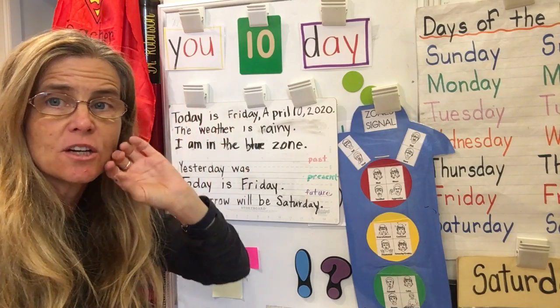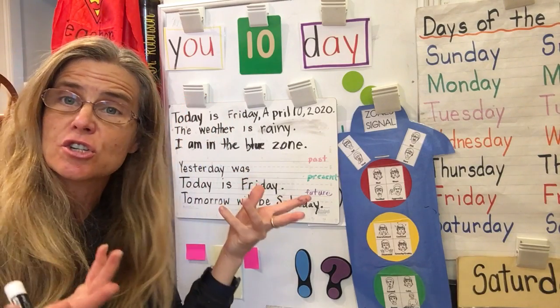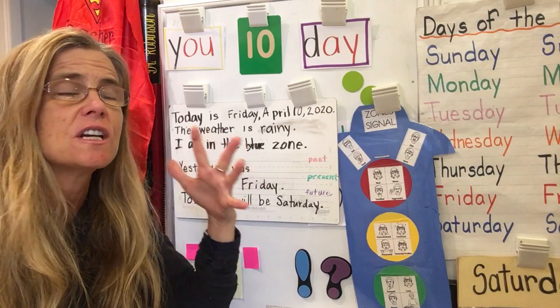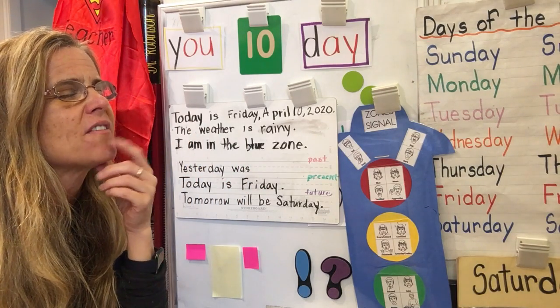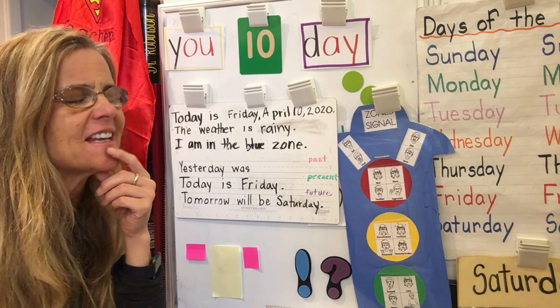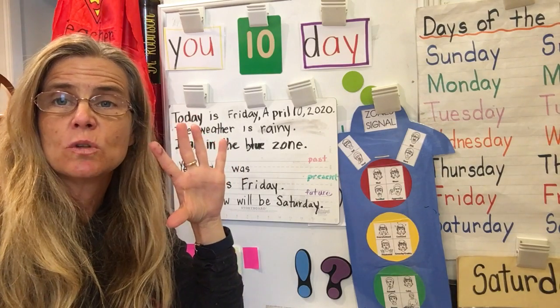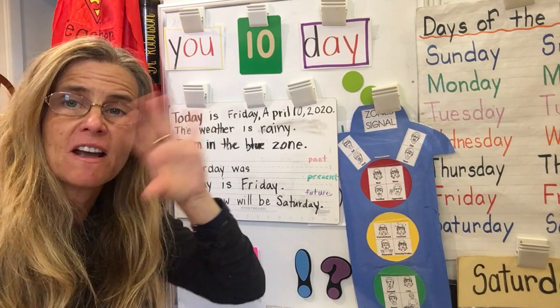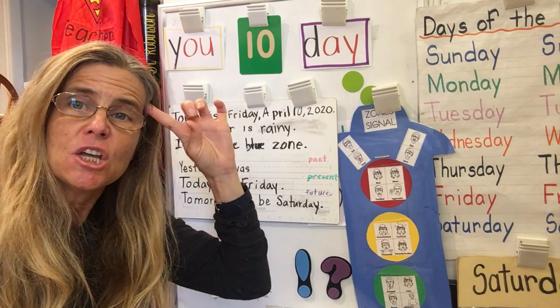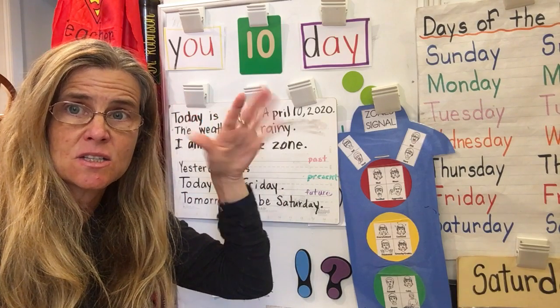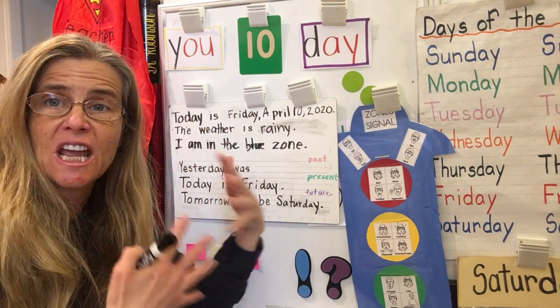I want to project it or push it onto the back of my eyelids like they're a screen, like a television screen or a movie screen. And I'm going to see if I can spell Friday, if I can see it in my own mind's eye. Now, I might not be a visual learner, so that means it might be hard to find on the back of my eyelids, but I might hear it in my head, sing-songy, because we do that kind of chant-like.